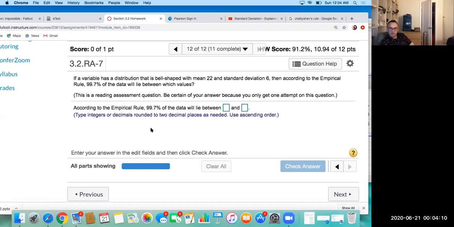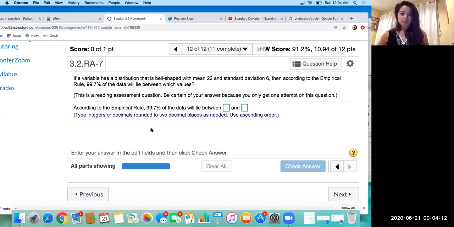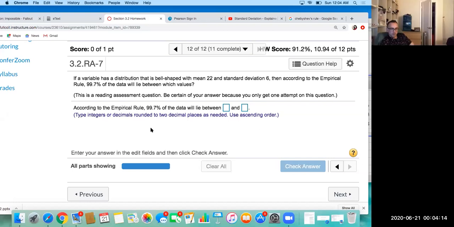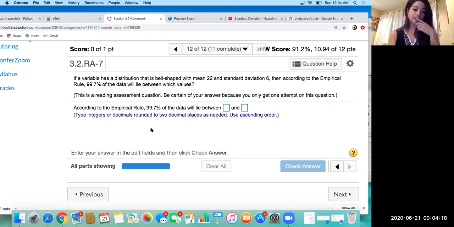So apparently we already talked about this question. Apparently the answers are in the book. According to the empirical rule, 99.7% of the data will lie between... And this empirical thing, I have trouble with.